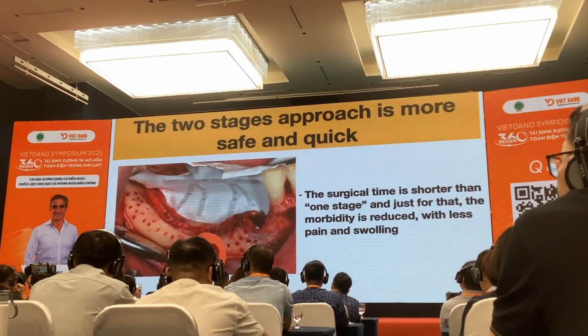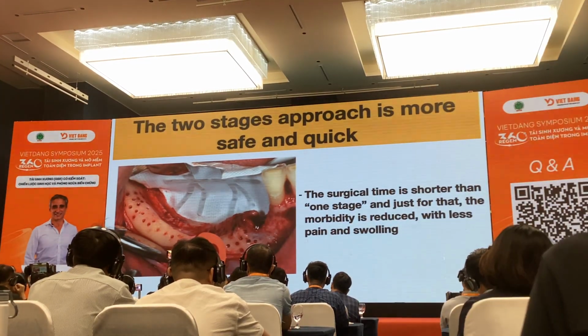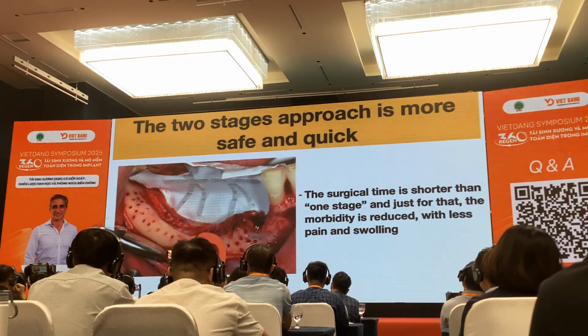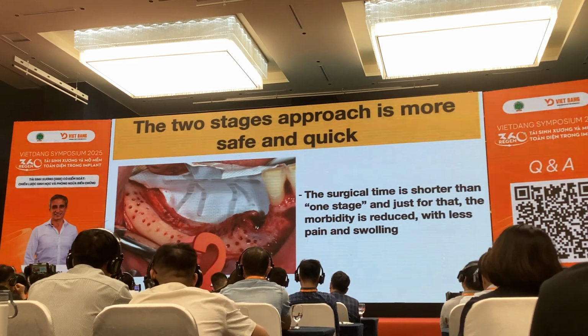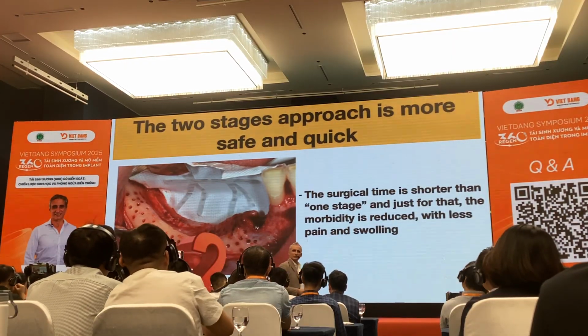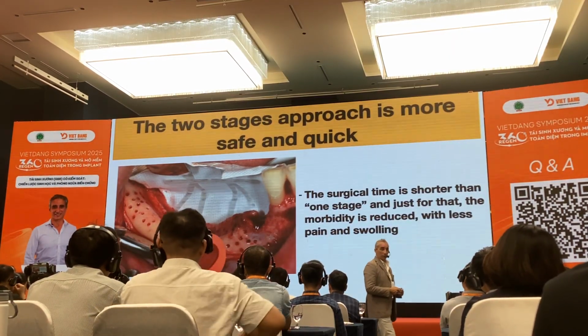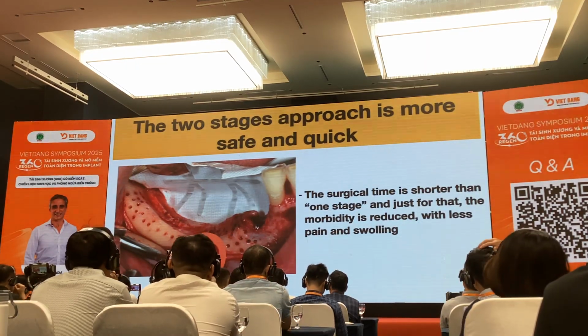And so at least for 3 implants, 30, 35, 40 minutes, in order to prepare everything correctly. So the surgical timing is shorter than 1 stage. And just for that, the morbidity is reduced with less pain and swelling. For the patient, it is better. 2 stage, short surgery, no pain, no swelling.